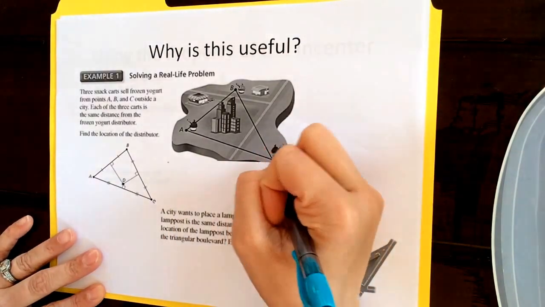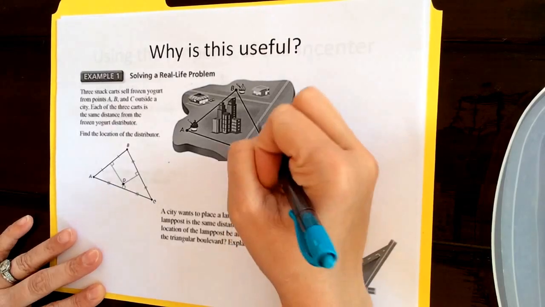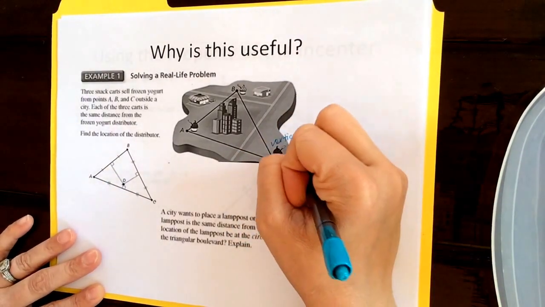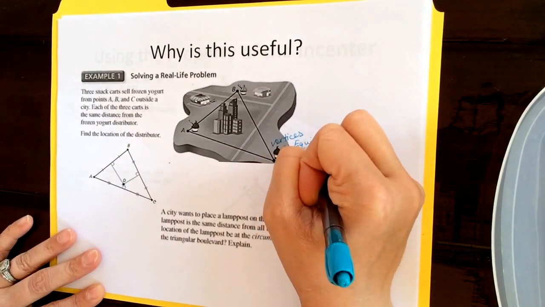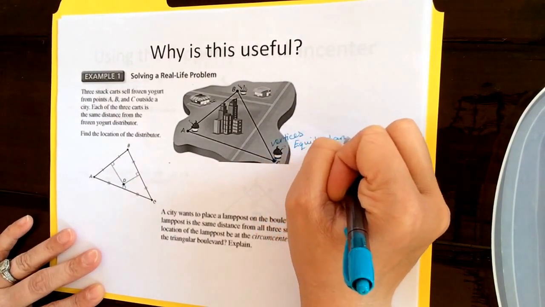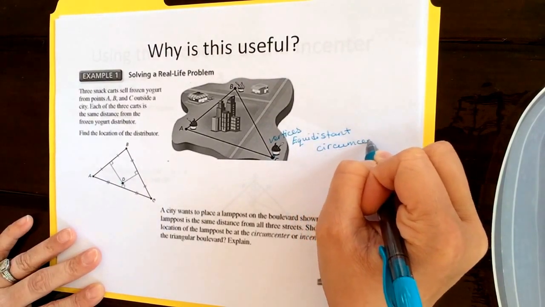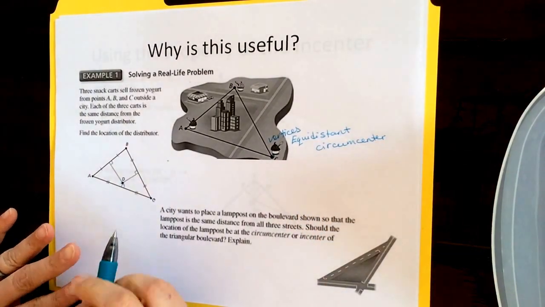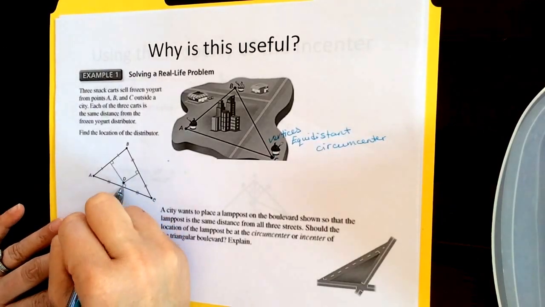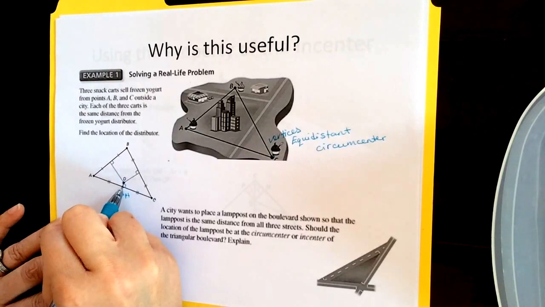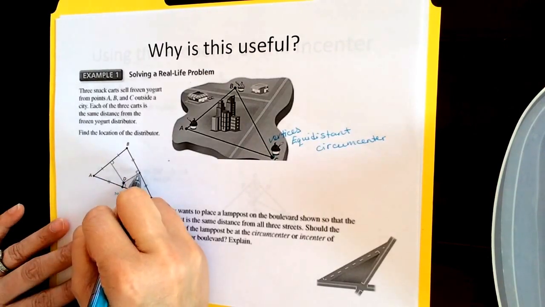Understand that these yogurt carts are at our vertices of the triangle. So if we want to be equidistant to our vertices, then we're looking for the circumcenter. Okay, so notice what they've done here. This right here would be my midpoint. They're showing me a 90-degree line through that midpoint.